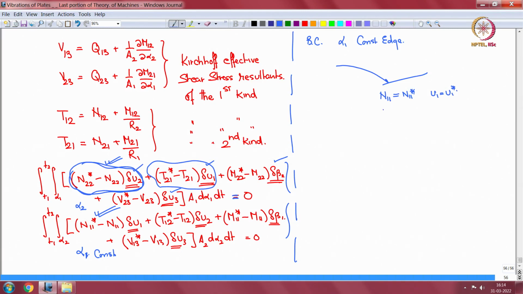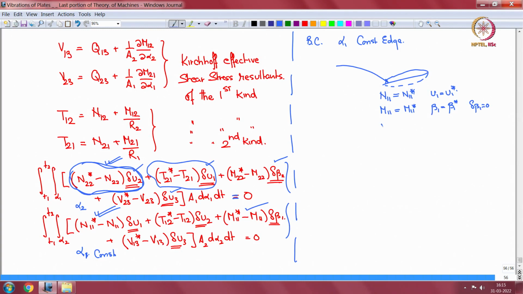Similarly, from here M11 from within the structure is equal to what is applied exterior, or beta 1 is specified. That is why delta beta 1 is 0. Okay.